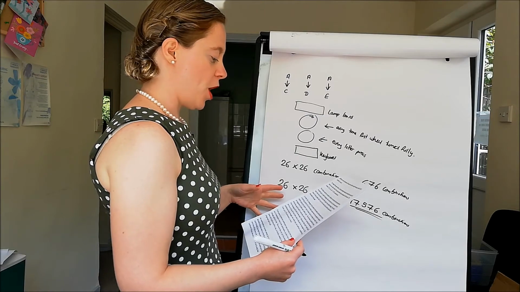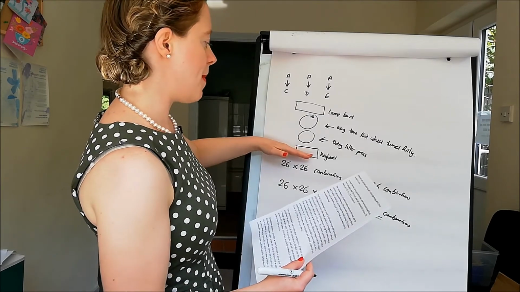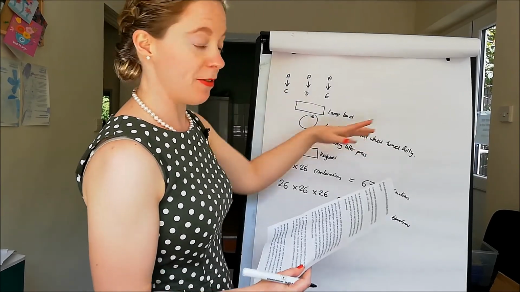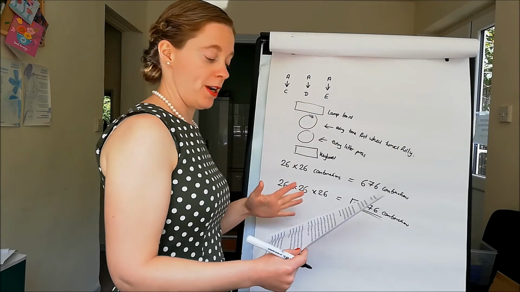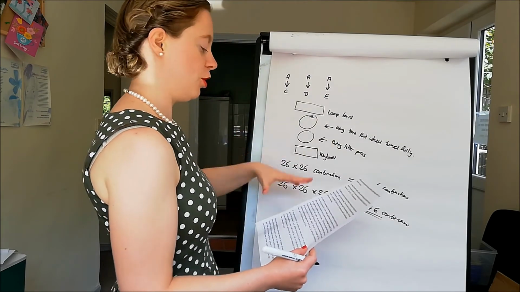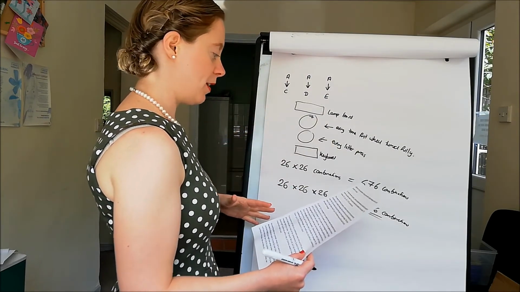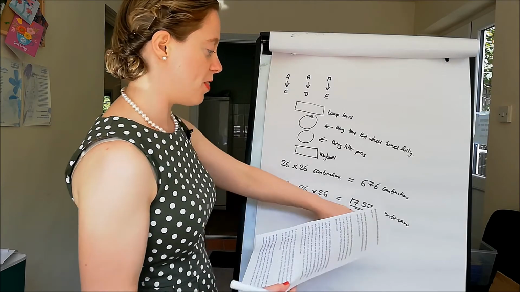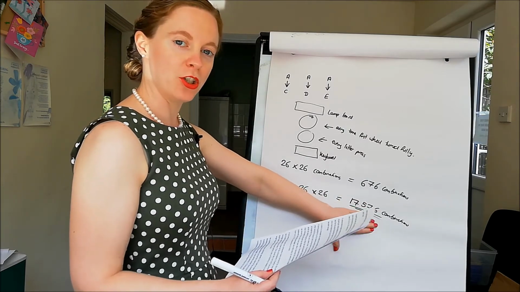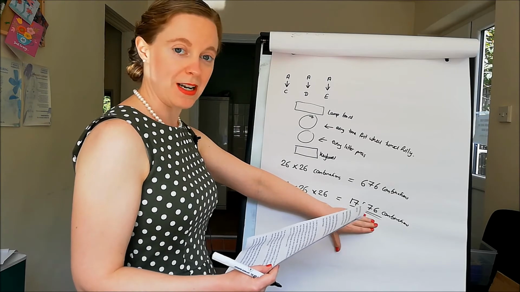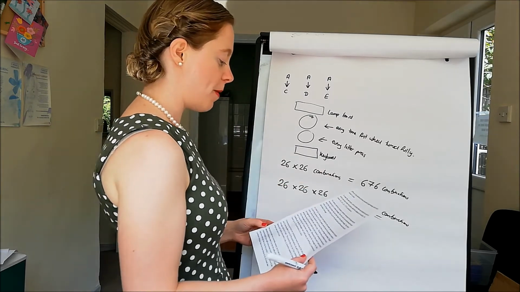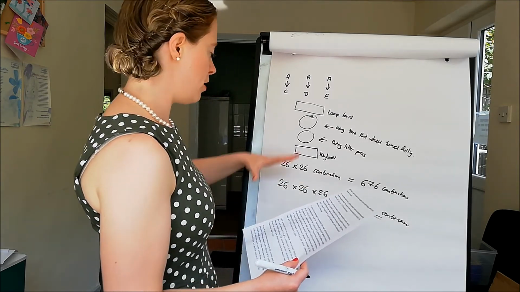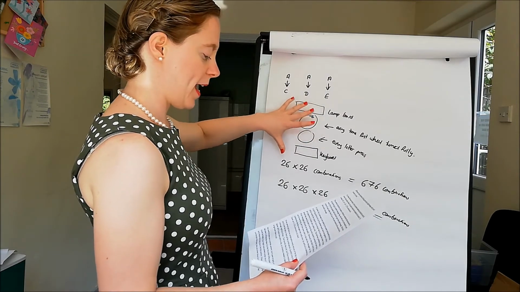In order for that to work, the person sending the message and the person receiving the message had to have agreed in advance a starting position for all the wheels, because if you didn't have a starting position for all the wheels, then there'd be that many possible combinations of arrangements that you might need to try before you hit on the right combination. And the agreed arrangement of wheels was called a key.